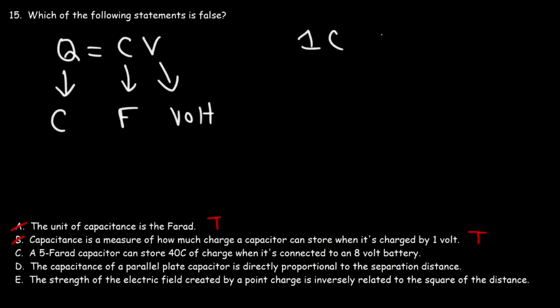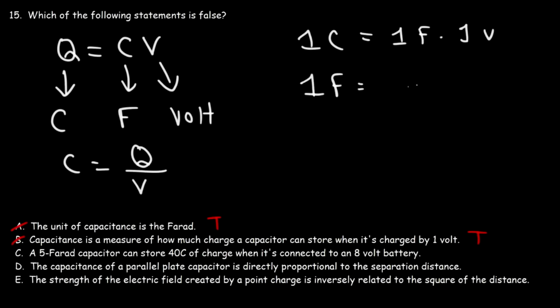So 1 coulomb of charge is equal to 1 farad times 1 volt. Now, if we solve for capacitance, capacitance is basically charge divided by voltage. So a 1 farad capacitor can store 1 coulomb of charge when 1 volt is attached to it. So B is a true statement.